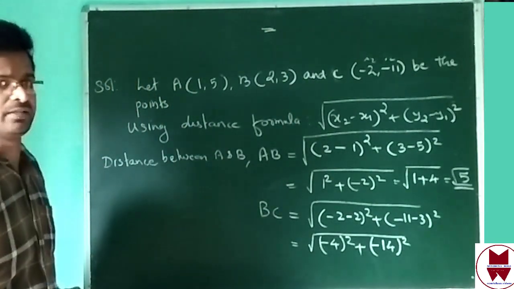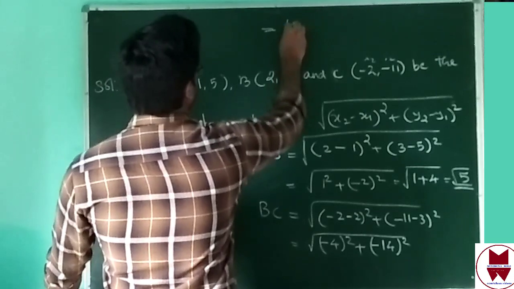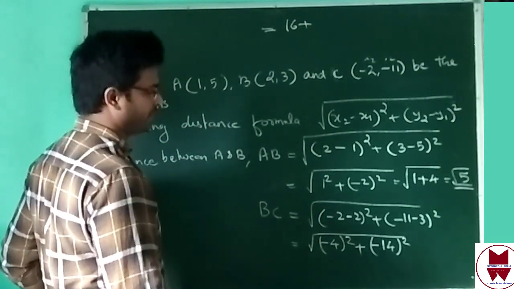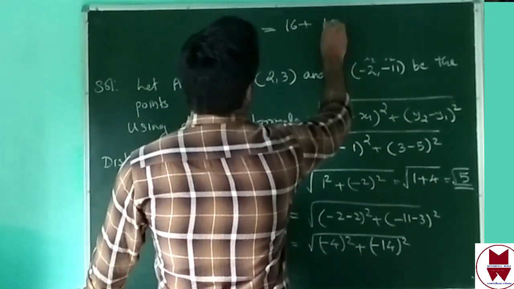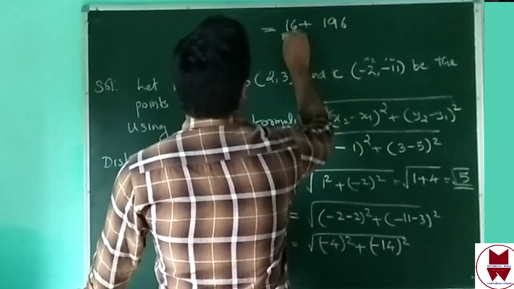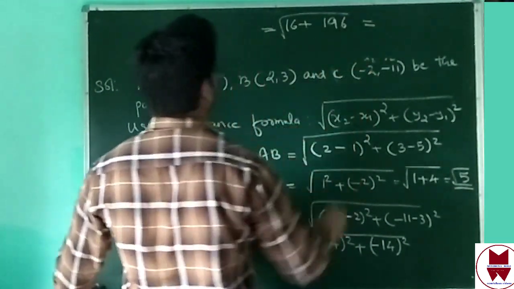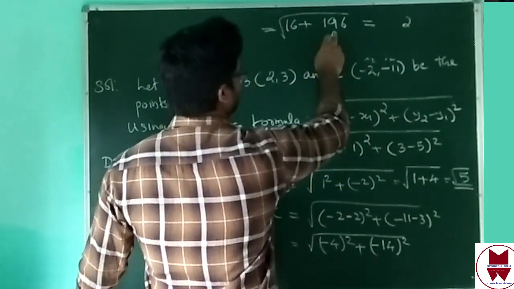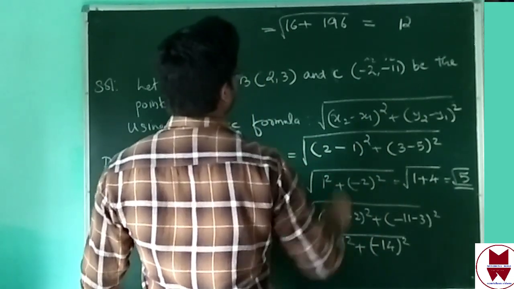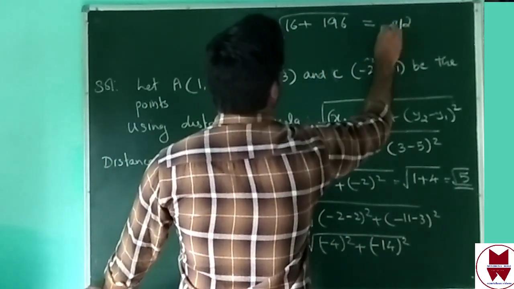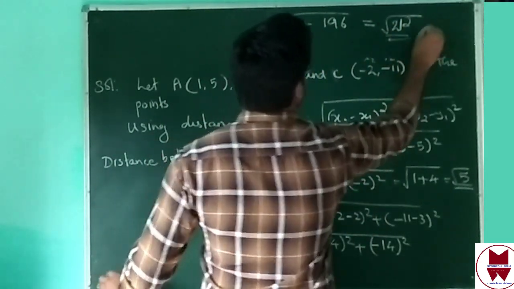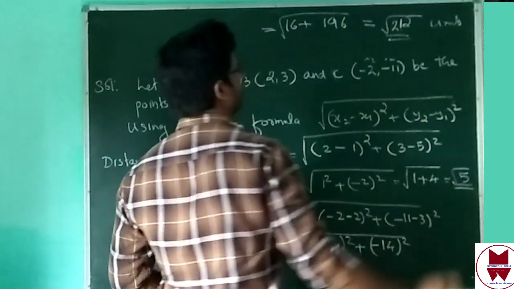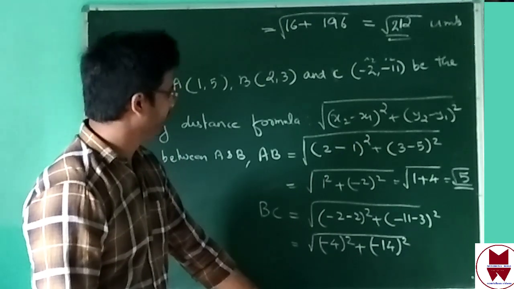Minus 4 all square, minus 4 into minus 4, you will get 16. Plus minus 14 square, minus 14 into minus 14, 196. Equal to square root of 212 units, that is BC.